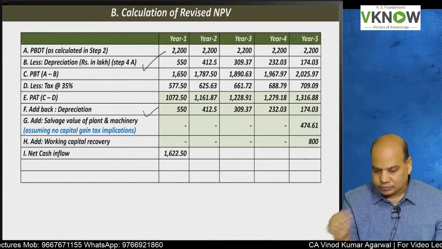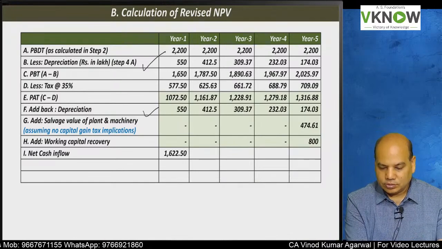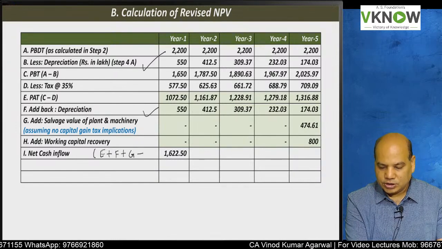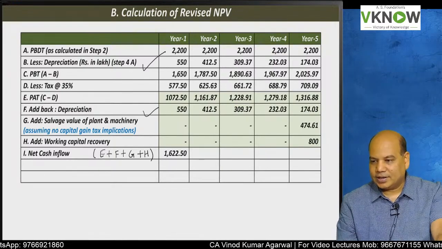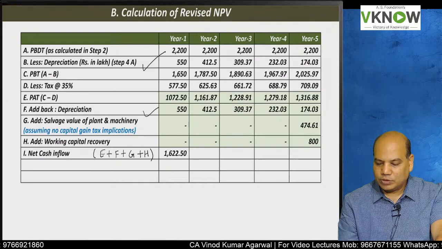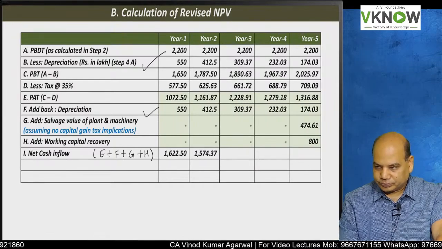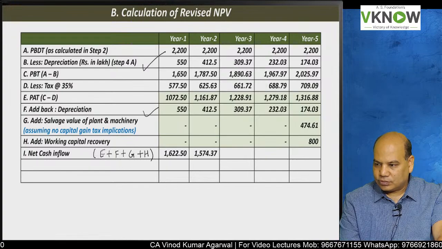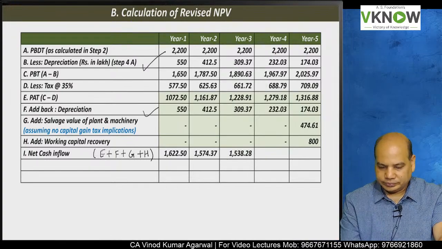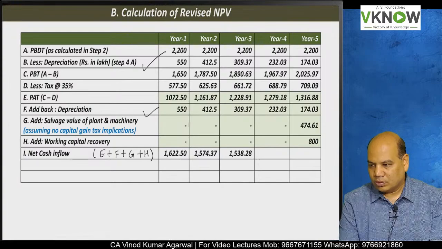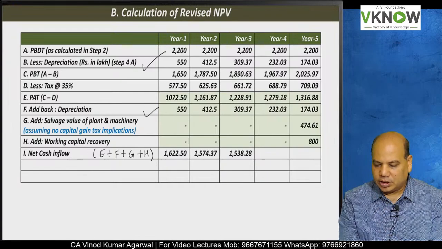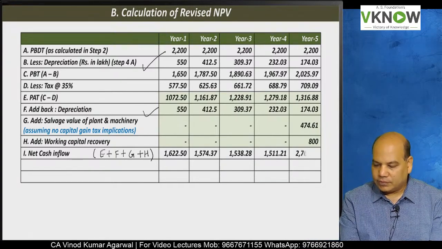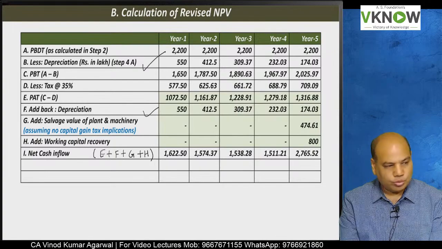Net cash inflow, in bracket E plus F plus G plus H. Net cash inflow: 1622.50, 1574.37, 1538.28, 1511.21 and 2765.52.